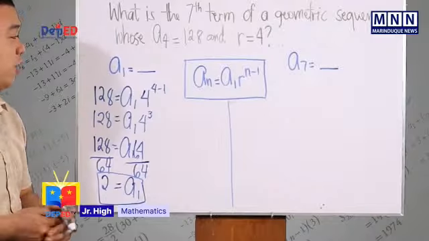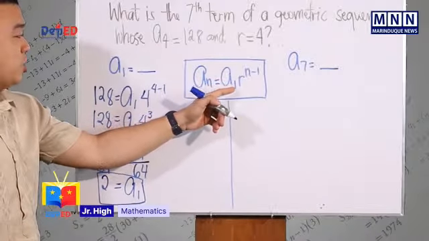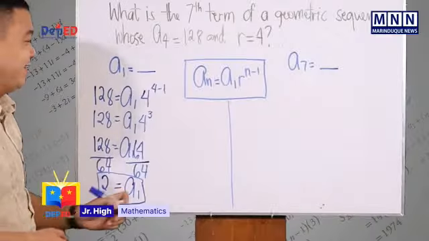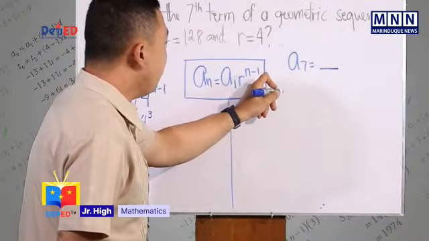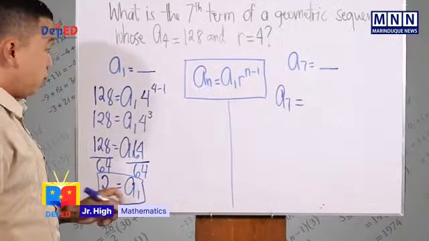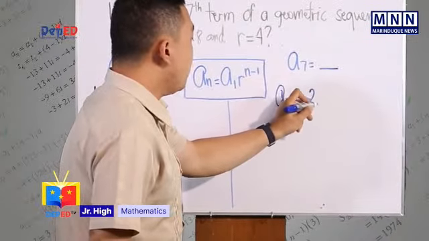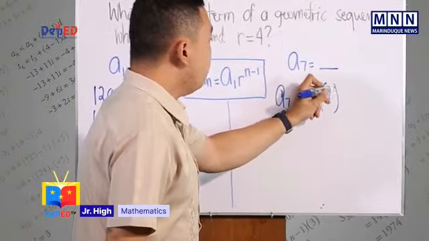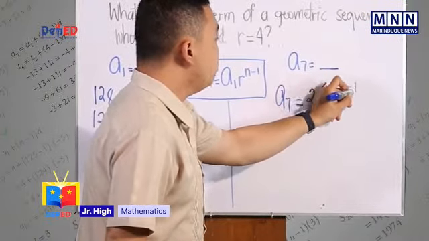Again, using the formula, a sub n is equal to a sub 1 times r raised to n minus 1. That's a sub 7 is equal to a sub 1, which is 2, times r, which is 4, raised to 7 minus 1.